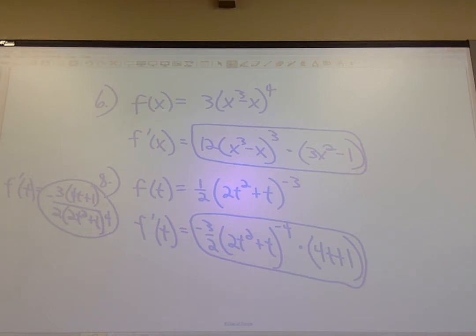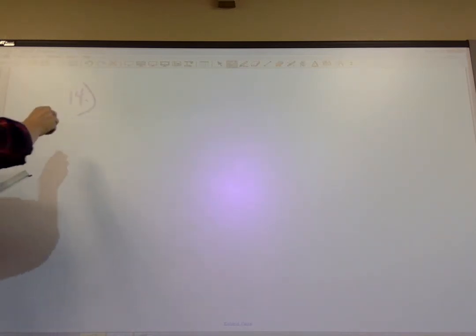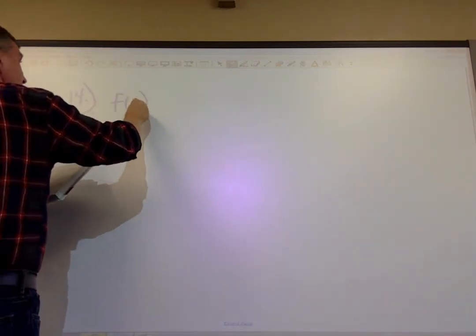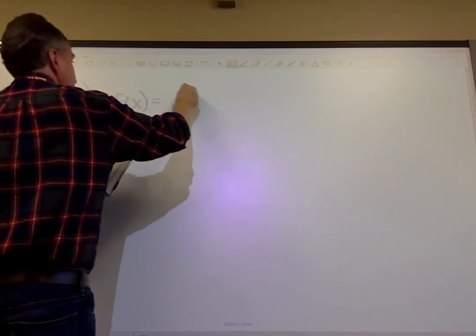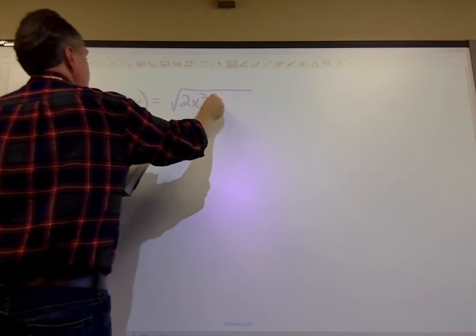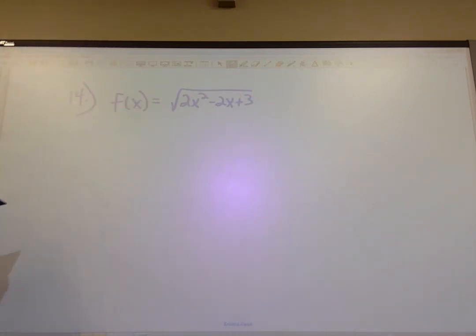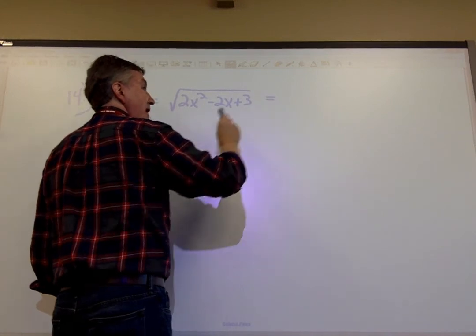I think an interesting one is 14. f of x is this, square root of 2x squared minus 2x plus 3. What could I do to rewrite this just as a power?